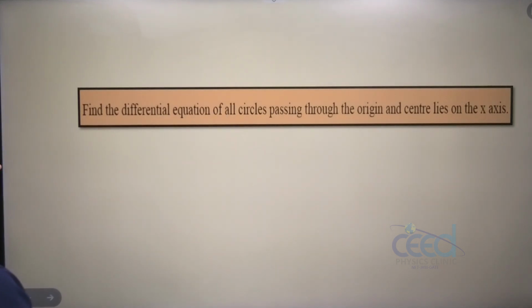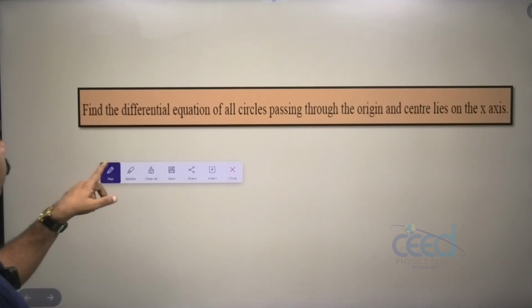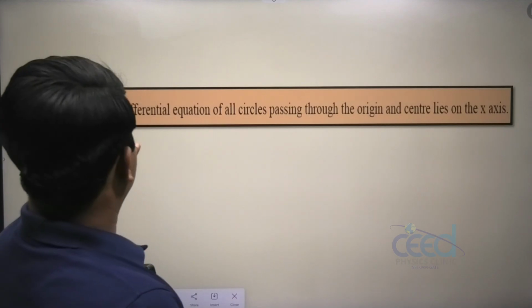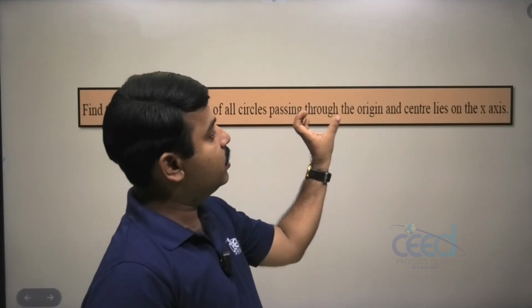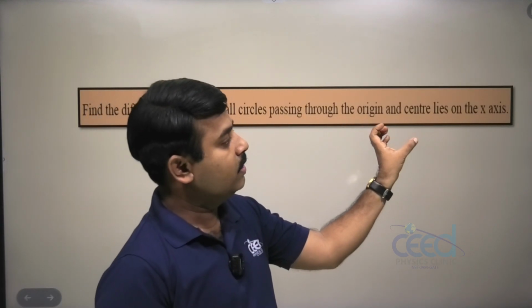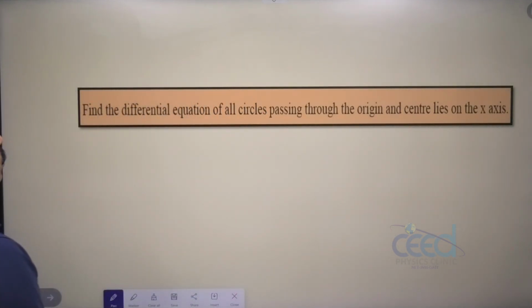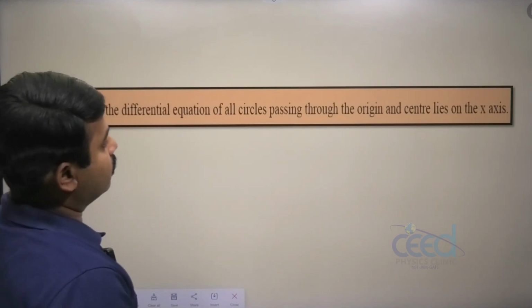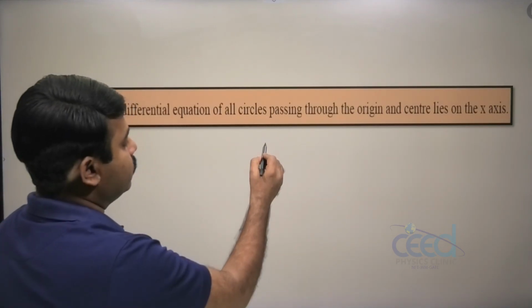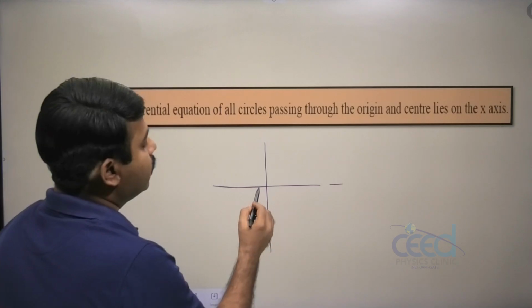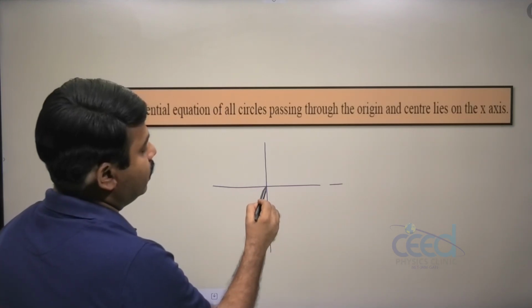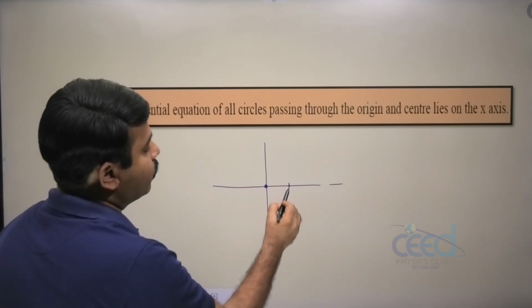Now find the differential equation of all circles passing through the origin and whose center lies on the x-axis. So you have one circle that is passing through the origin and the center should be on the x-axis.